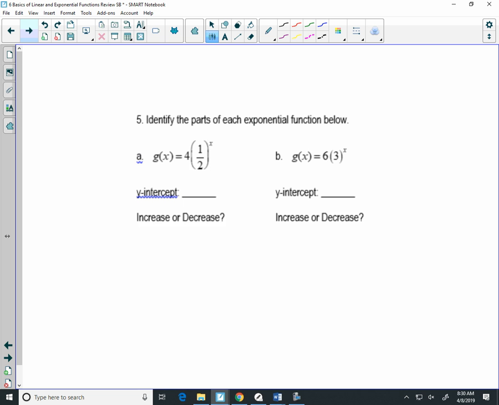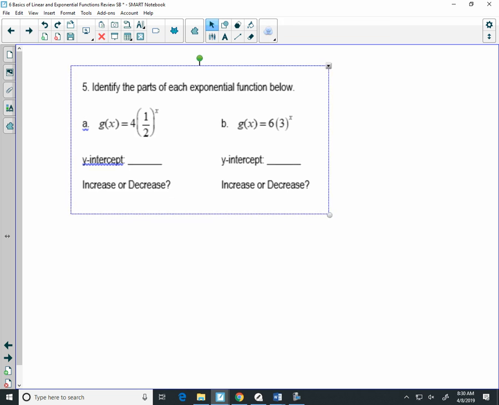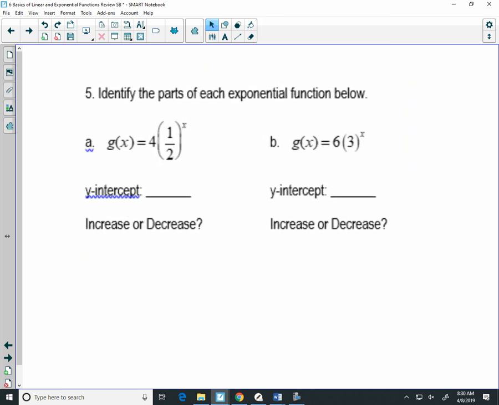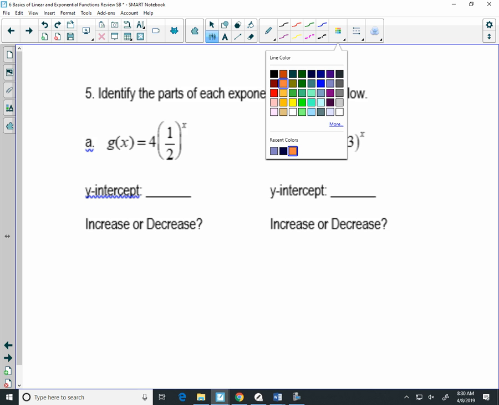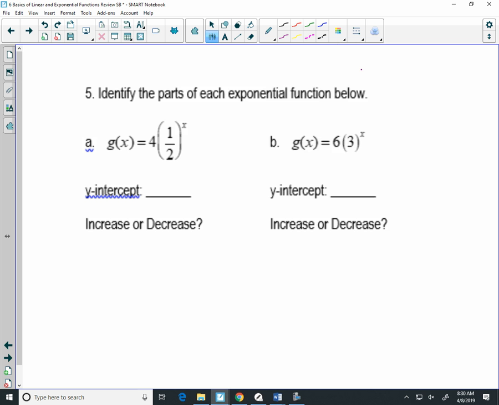Identify each part of the exponential function. Remember, with exponentials, we have a different order than with lines. The number in front is our y-intercept, or our starting amount. The number behind is what we're growing or decaying. That's your rate. That's what you're multiplying by.